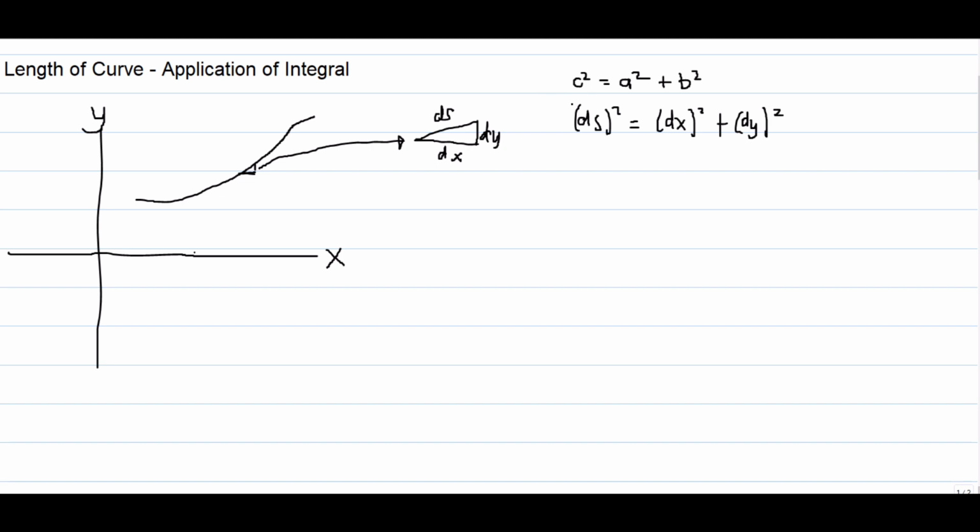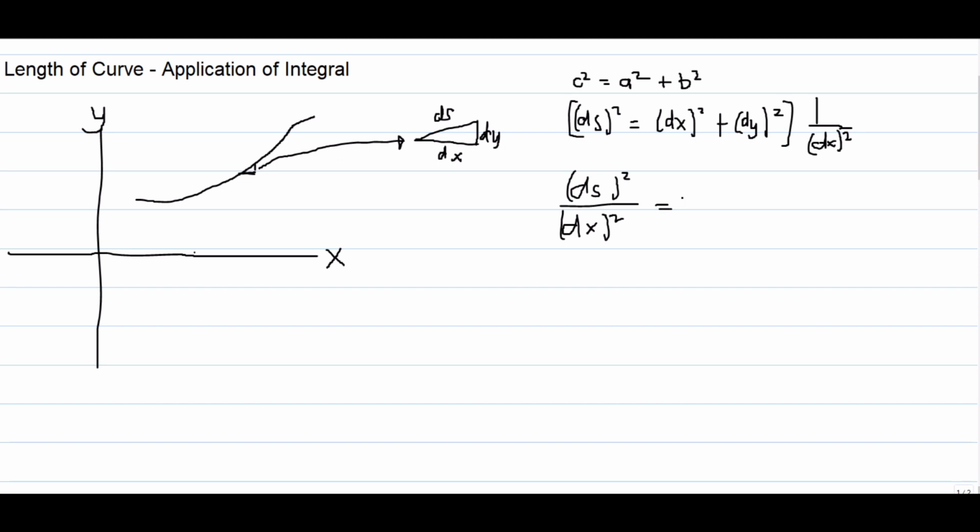Then if we take the quantity of 1 over dx squared and multiply both sides, this would be the quantity of ds squared over the quantity of dx squared.